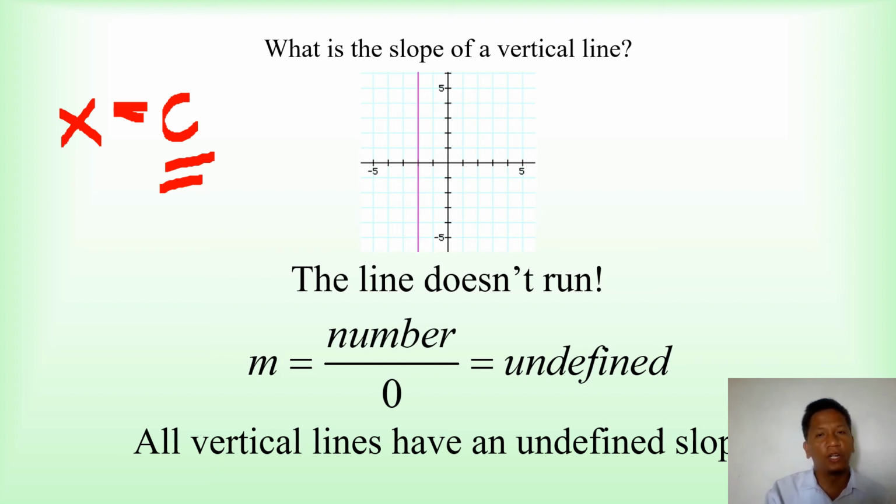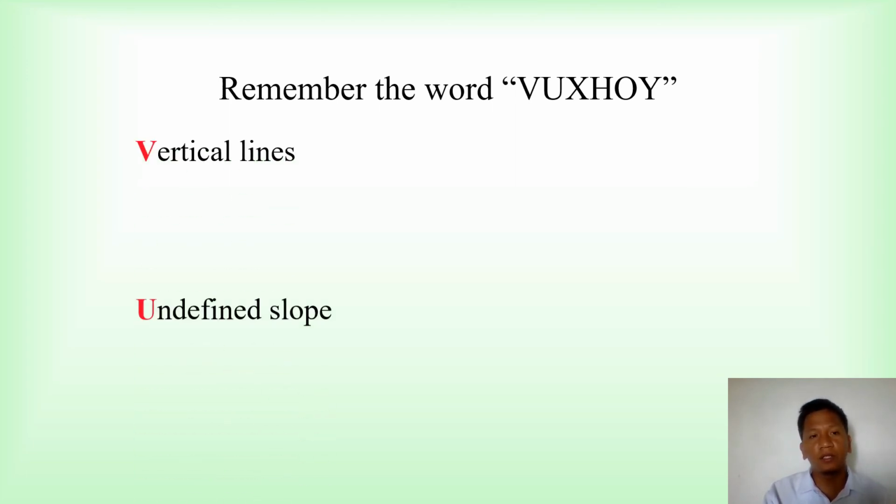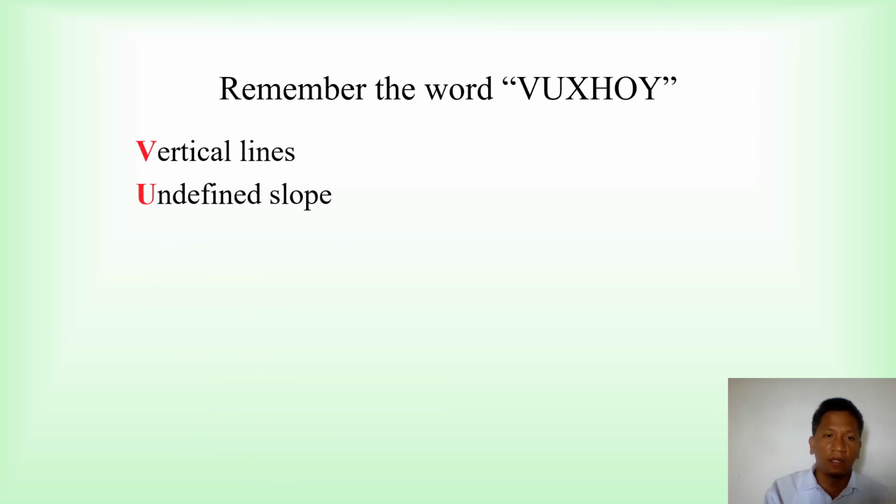And the slope for the horizontal line is 0, while the slope for the vertical line is undefined. Gets? Remember the word VUXHOY, or this is an acronym. VUXHOY stands for: V stands for vertical lines, U stands for undefined slope.